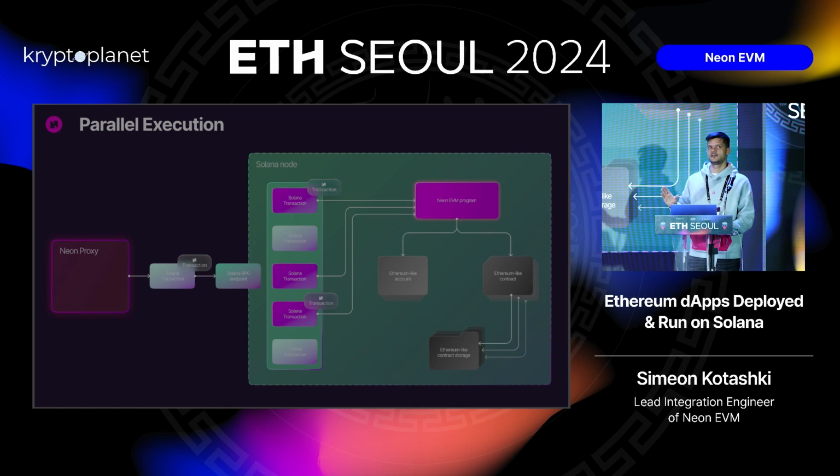So you can think of Neon EVM as a virtual machine inside the virtual machine. Like you have a Mac and you launch a Windows virtual machine on your Mac, or vice versa. You have a Windows machine and you launch a virtual machine for Mac on Windows. It's just a composability layer and a virtual EVM inside Solana.